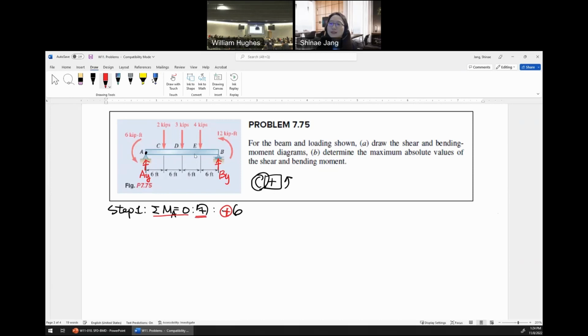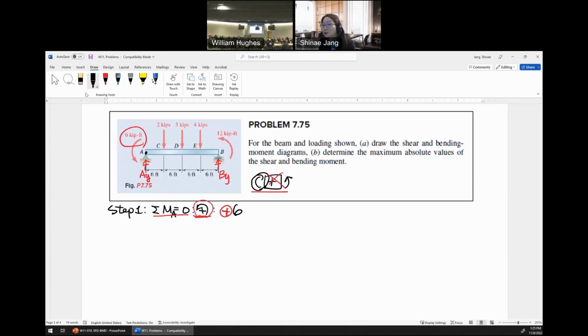We define the sign convention within this moment equilibrium equation with our freedom, and we assumed counterclockwise positive. And then within the equation, the bending moment sign convention doesn't matter. You don't have to consider it. It's the convention we defined within the moment equilibrium equation. And we assume counterclockwise positive, and this is counterclockwise. So that's why this is plus. So plus 6 is correct.